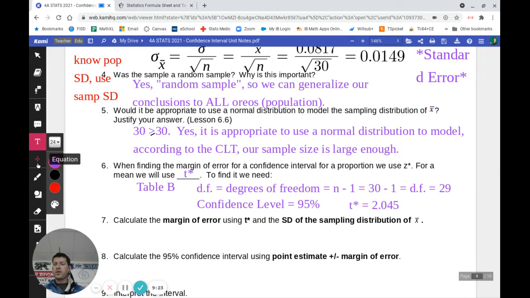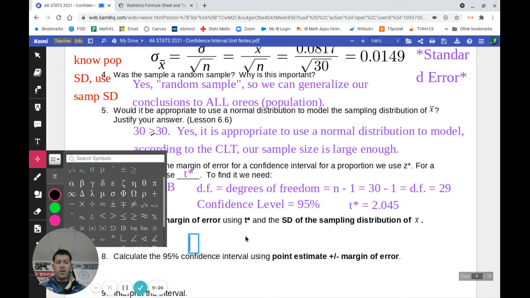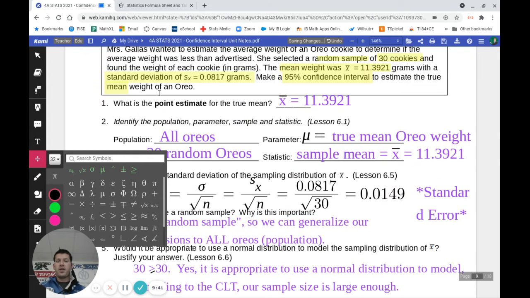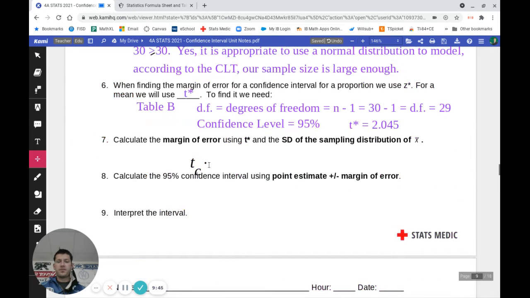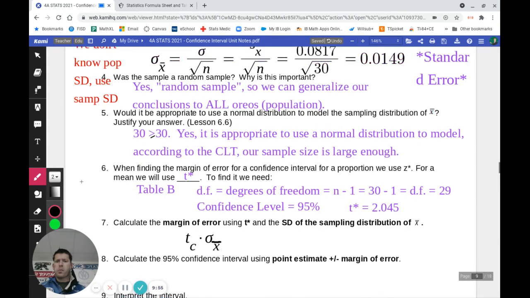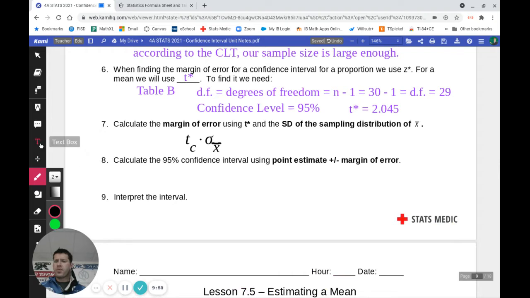So in order to do this, we're going to take our critical t value, so we can write it as t asterisk or t sub c for critical, and we want to multiply that by our standard deviation of the sampling distribution, which we have up here. Let's copy that. That is what we want to multiply. Let's be sure we have a little line over the x bar there for our sample mean.